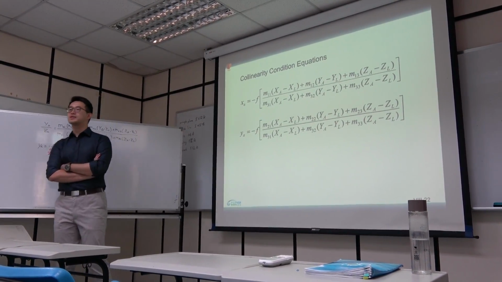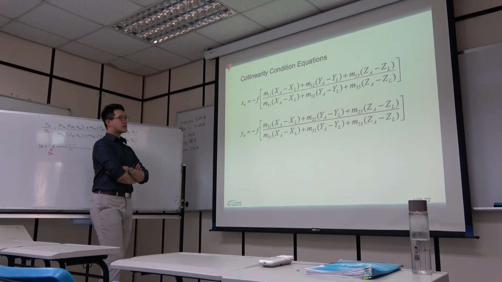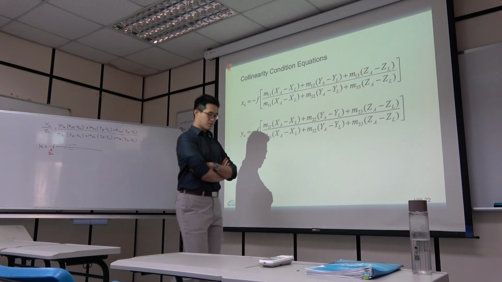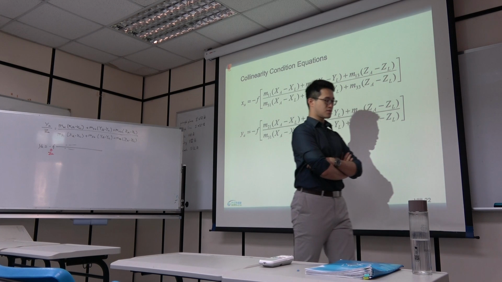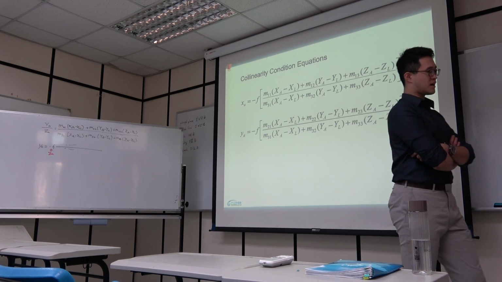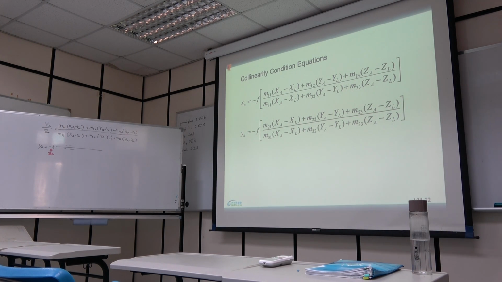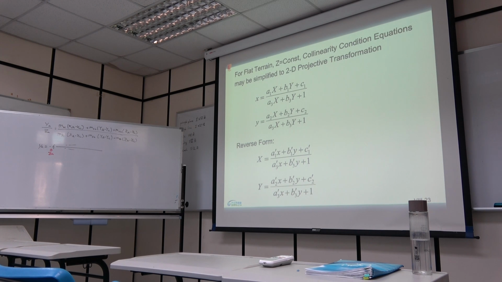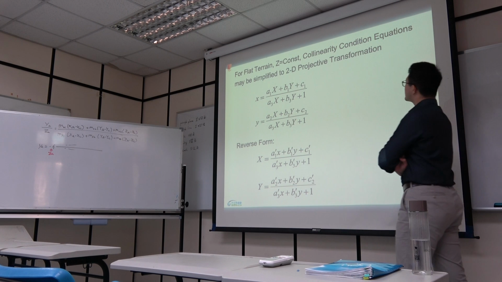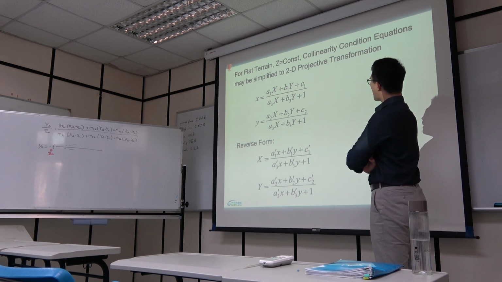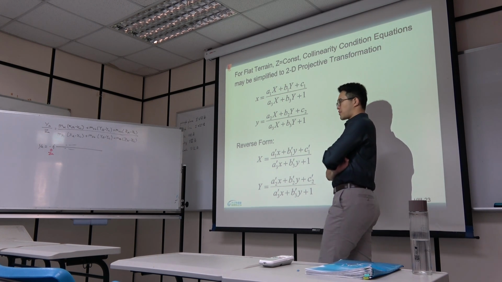So the 2D projective transformation is an equation simplified from those 9 parameters to the 8 parameters over here. And how do we simplify that?